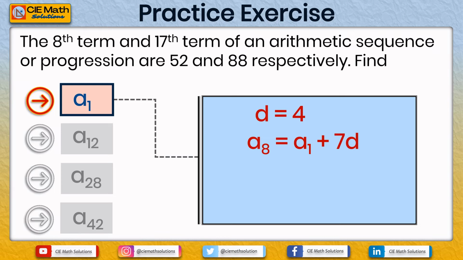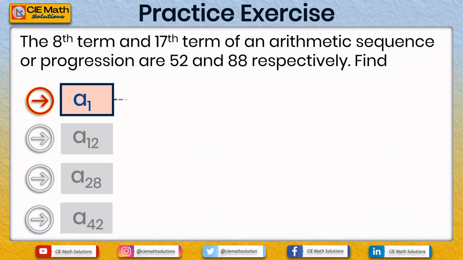Substituting the values, A1 then will be equivalent to 52, which is the 8th term, minus the 7D, which is 7 times 4. Simplifying this will give us A1 is equal to 24. The first term then of this arithmetic sequence is equal to 24.